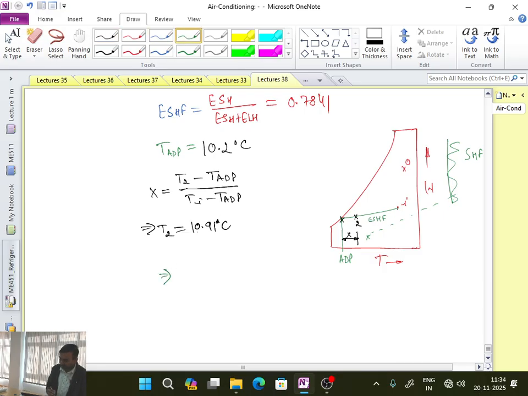Now, if air is entering at state T2, which is 10.91 degrees Celsius, and it is entering the room and going to state I, can I write that ESH, effective sensible heat, will be equal to 0.0204 QS, where QS represents the dehumidified air quantity, times Ti minus T2.